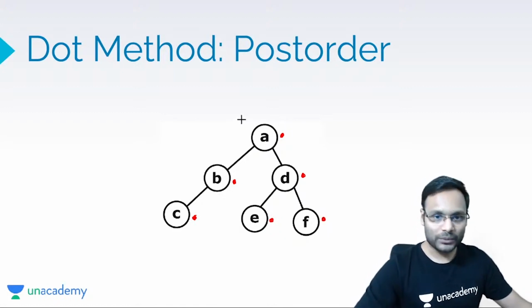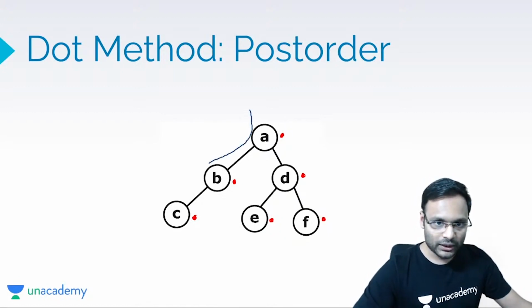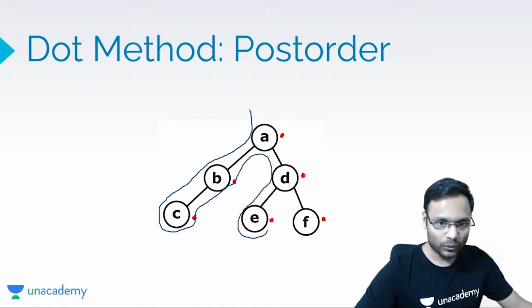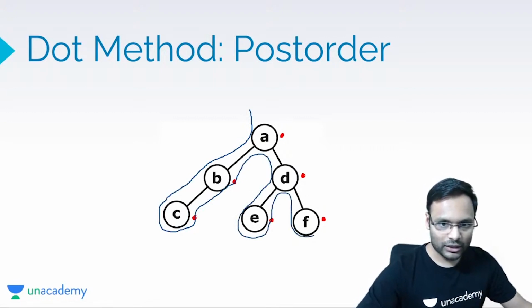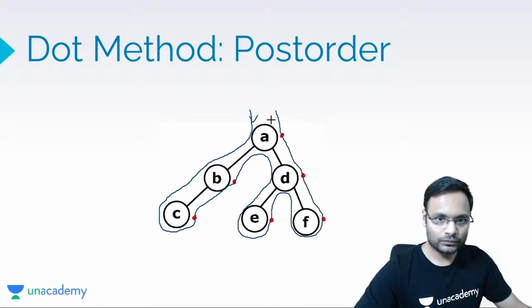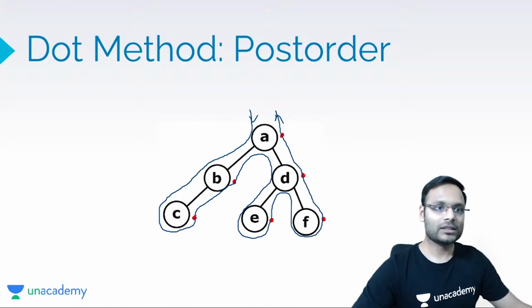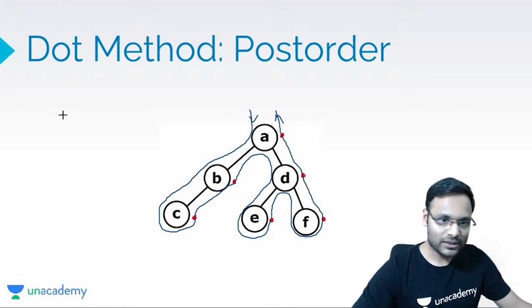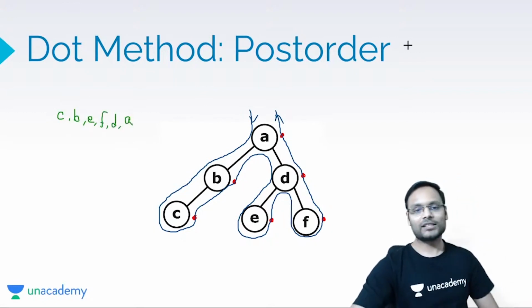After the left and right subtree, start again from the root, take this line towards the border of every single node. Whenever the dot comes, print it. The sequence of dots gives you the post-order traversal. Post-order traversal this time is C, B, E, F, D and A. That is the dot method.